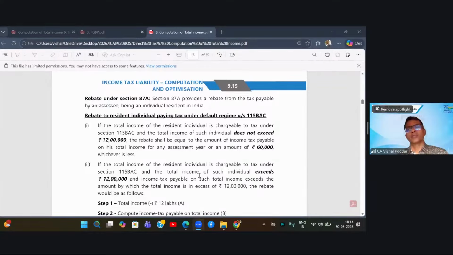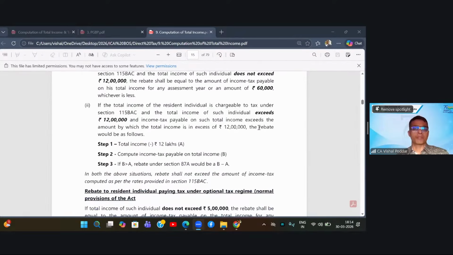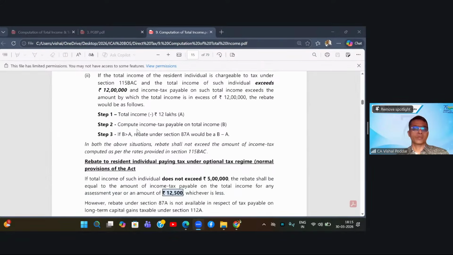And then the next difference is in the rebate. So you have a rebate under 87A. Now this rebate is available if you are in the new scheme and your income is not exceeding 12 lakhs. So it is up to rupees 12 lakhs. Then you are allowed a rebate up to rupees 60,000. So in that case, virtually your tax becomes 0. And if your income slightly exceeds 12 lakhs, then there is something similar to marginal relief, which is there in case of surcharge as well.